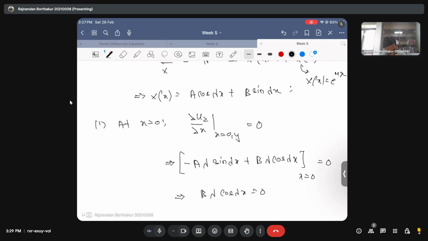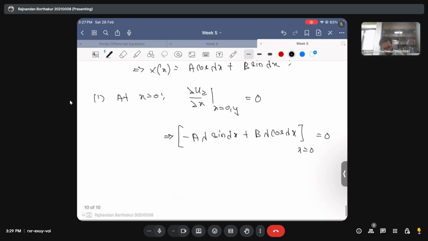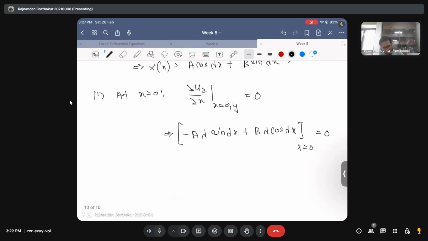Okay, did I make any mistake? So I substitute x to be equal to 0. So then, okay, let's substitute. It is a lambda sine of lambda 0 plus b lambda cos of lambda 0 is equal to 0.